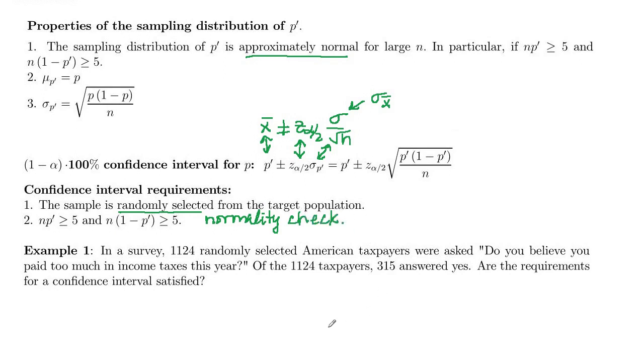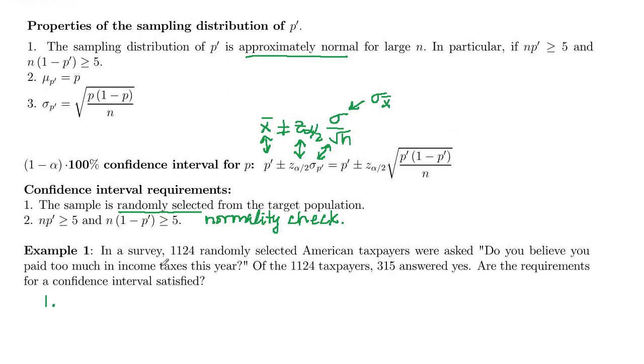So let's check conditions for an example. In a survey of 1,124 randomly selected American taxpayers, they were asked, do you think you're paying too much in income taxes this year? Of those 1,124, 315 answered, yes, I'm definitely paying too much. Are the requirements for the confidence interval satisfied?